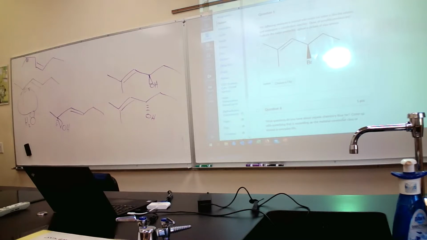That's just as likely as the other resonance structure, right? Because when that leaving group leaves, whatever configuration it's in when the leaving group leaves is where it's going to stay. So both of these are possible. And again, due to sterics, we might expect this one to be slightly more likely.